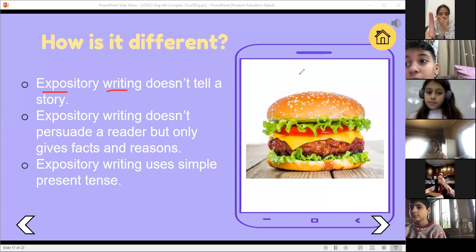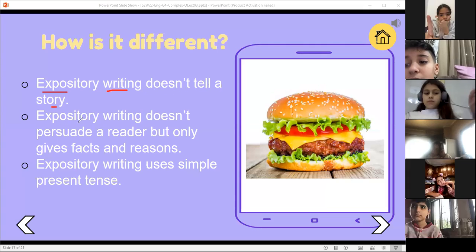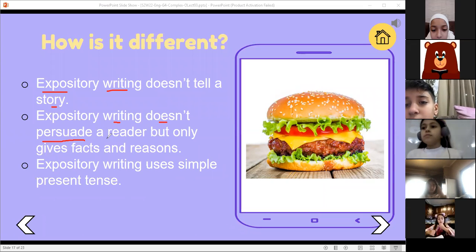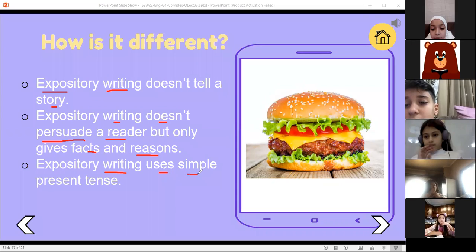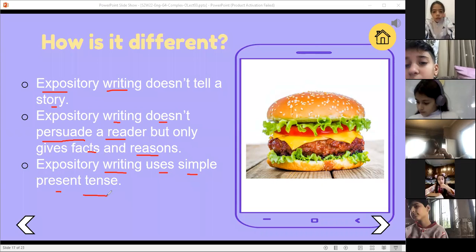Ghadir, can you please read? Expository writing doesn't tell a story. Expository writing doesn't persuade a reader but only gives facts and reasons. Expository writing uses simple present tense.